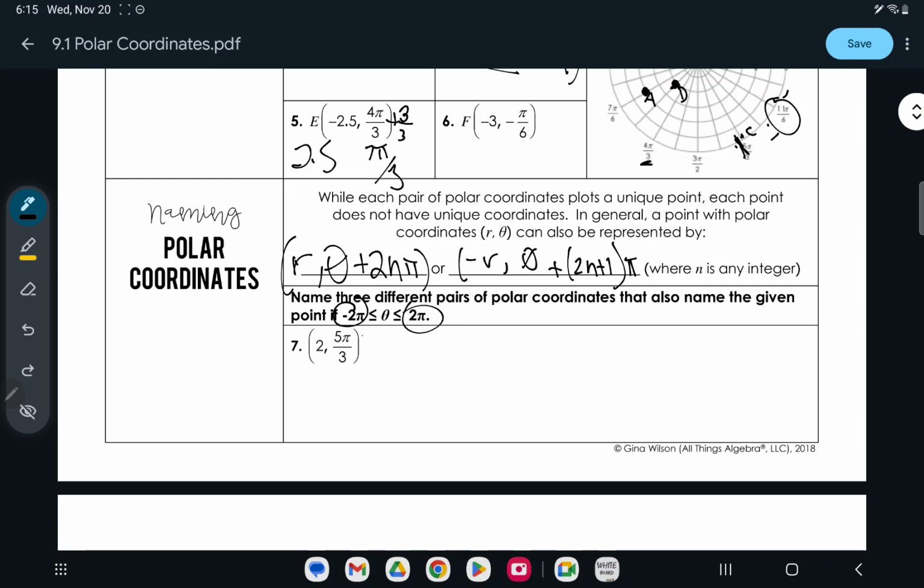Well, let's see, if I add 2 pi, it'll put me over 2 pi, because I would add 6 pi over 3, which would give me 11 pi over 3, which is greater than 6 pi over 3. So, can't do that. I could subtract. So I could subtract 6 pi over 3. So I get 2 and negative pi over 3.